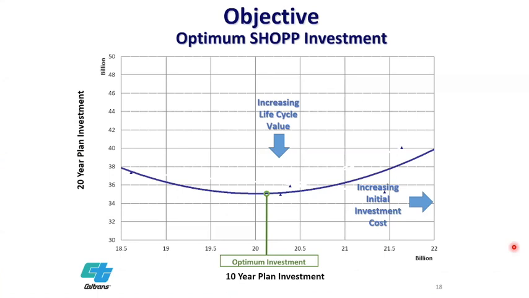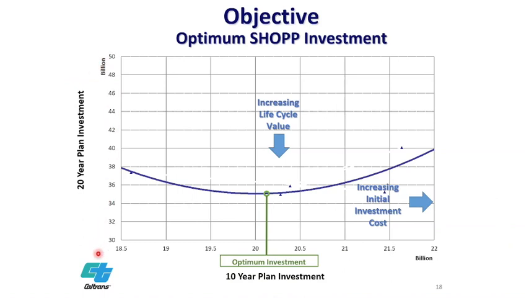PaveM tells me how much money I really need for this 10-year plan, and why this need is justified, why this need is optimal. So what we did is use PaveM to run multiple scenarios. We run the 10-year plan investment needs versus the 20-year plan investment needs.